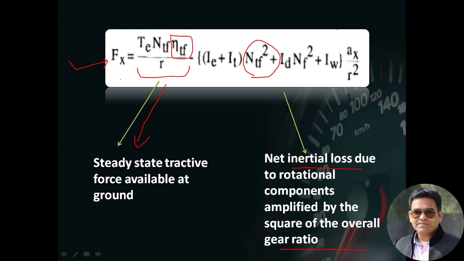Now just try to focus on the last term. It is Ax divided by r squared. Till now we have already seen alpha, not Ax. Here Ax indicates the longitudinal acceleration, and alpha indicates the rotational acceleration.